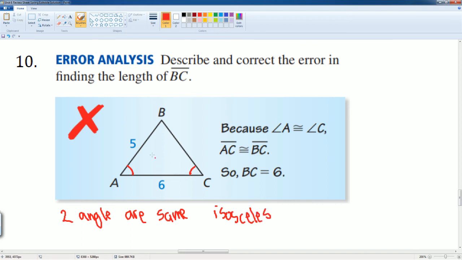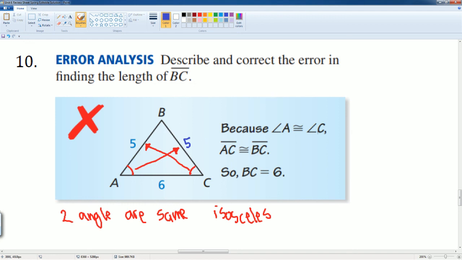Okay, so notice that if this is angle 5, this angle tells you about this side. So if this is 5, this automatically has to be 5, because these two angles tell you about these two sides. So this is correct.